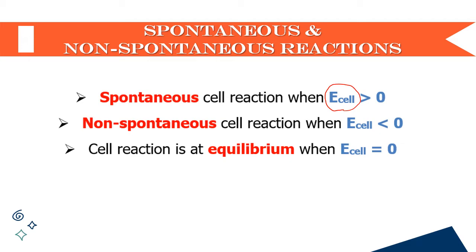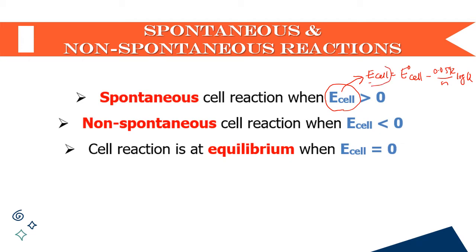This value of E cell needs to be found by the Nernst equation, which is E cell equals E naught cell minus 0.0592 over n log Q. So we calculate this value and then we compare.